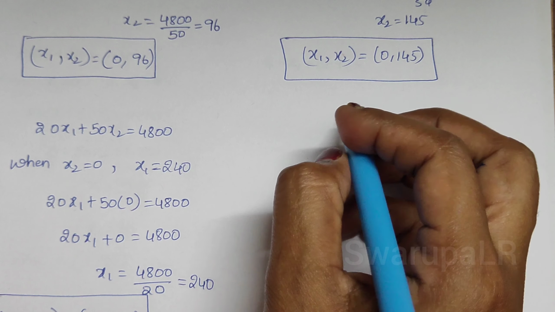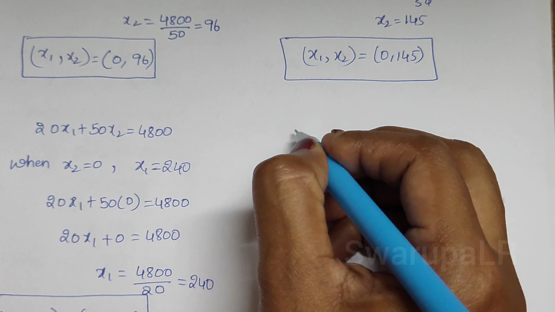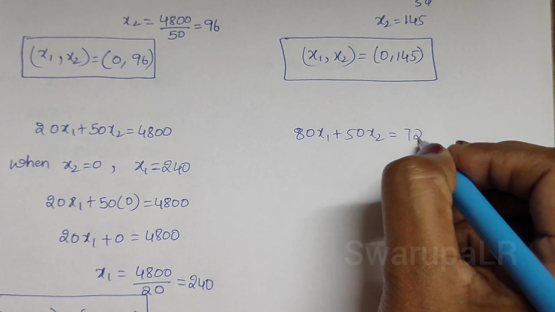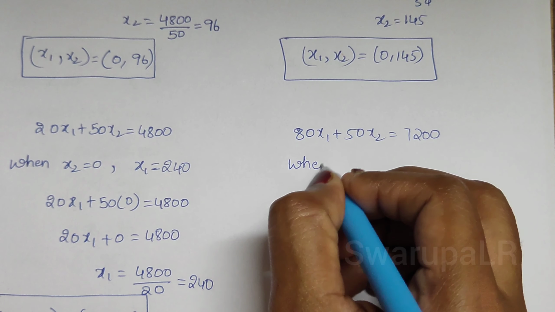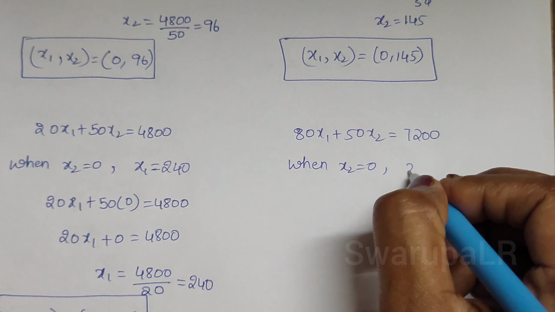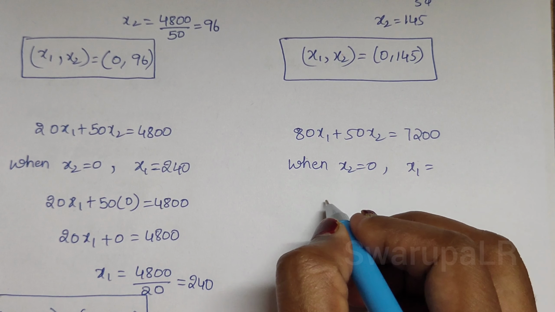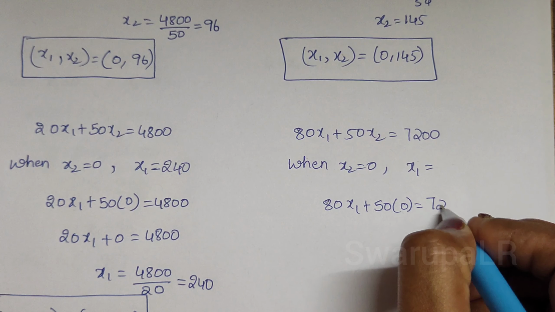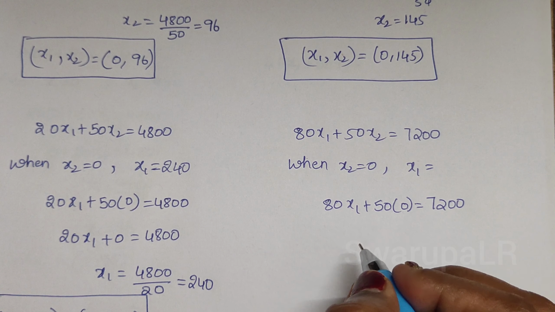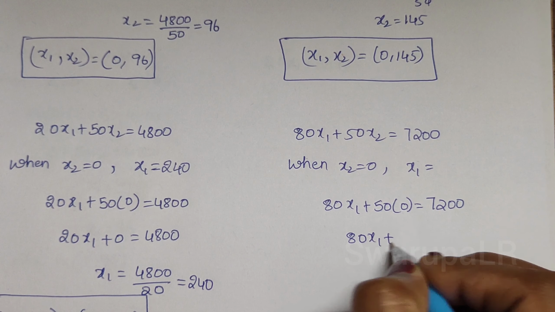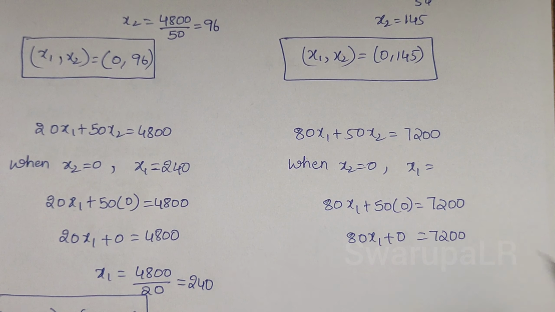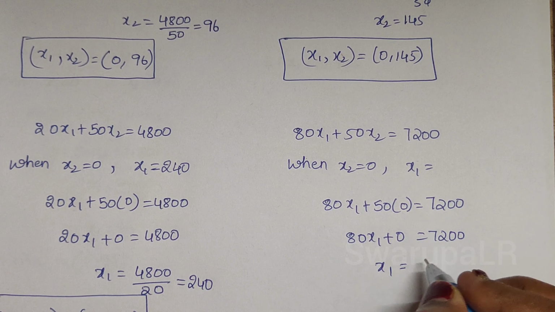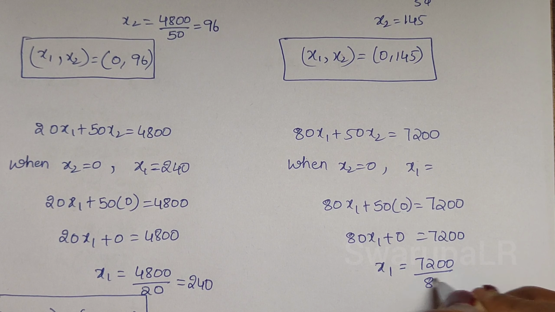We have to assume now x2 as 0 and find out the x1 value. 80x1 plus 50x2 is equal to 7200. When x2 is equal to 0, we have to find out x1 value. 80x1 plus 50 into 0 is equal to 7200. 80x1 plus 0 is equal to 7200. x1 is equal to 7200 divided by 80.